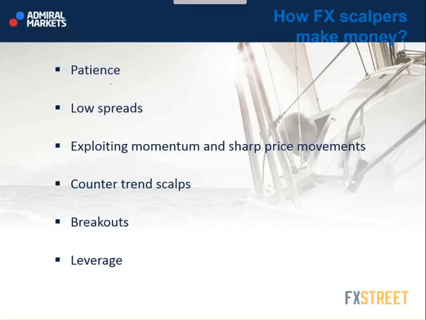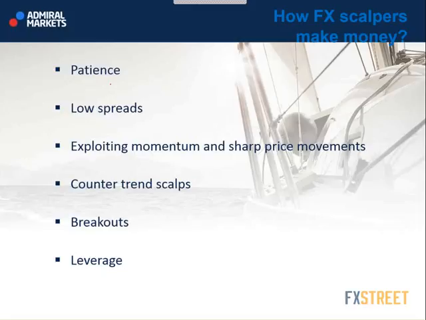But most of the time, ECN accounts and ECN brokers do have very, very low spreads. I need to say that with my Admiral Markets Prime account, I'm using very, very low spreads, and especially that is the case when I try to scalp minor pairs.